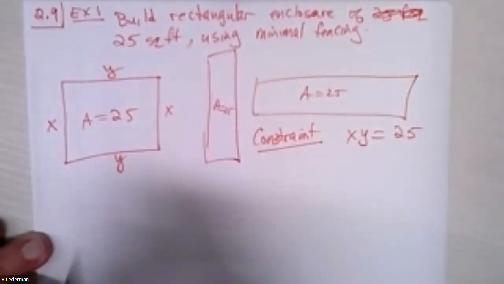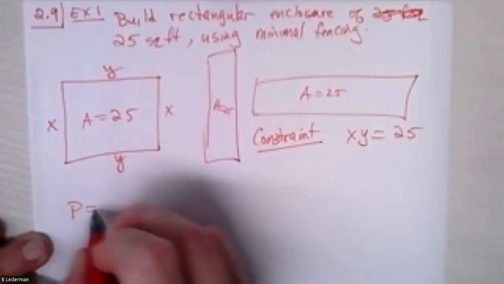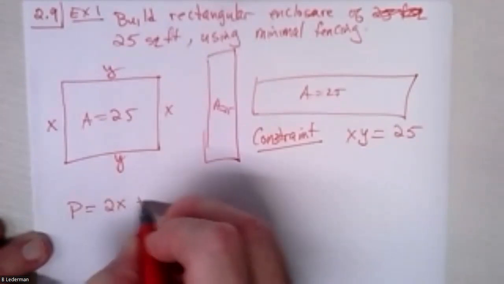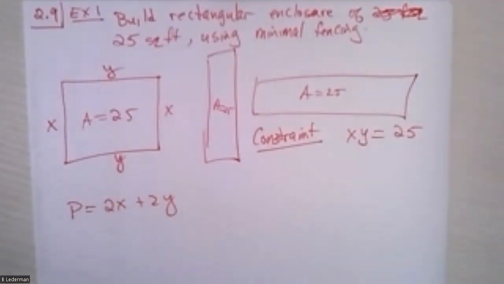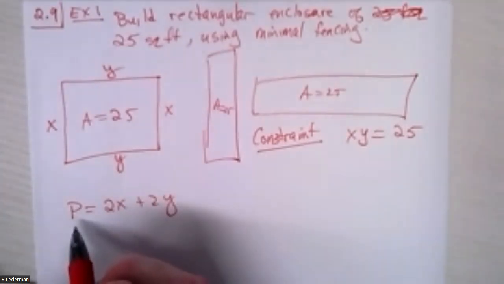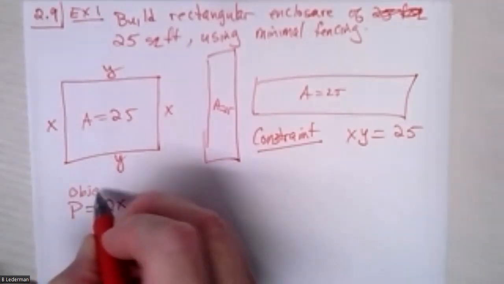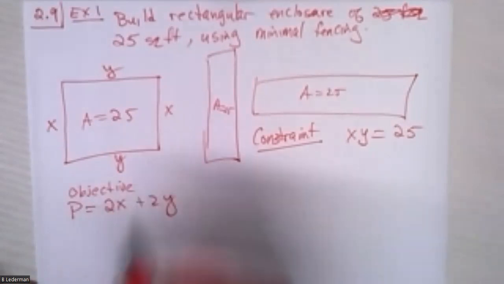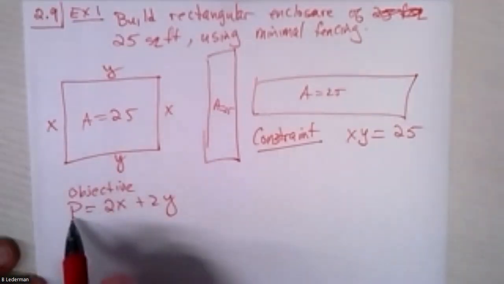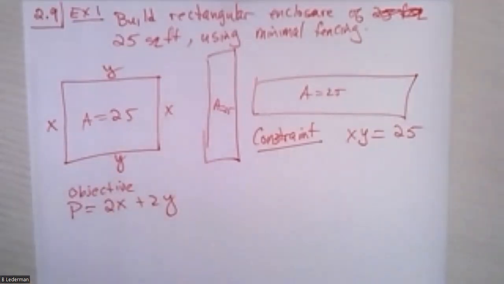The perimeter is equal to 2x plus 2y. And so this is the objective equation, because my objective is to minimize the perimeter.